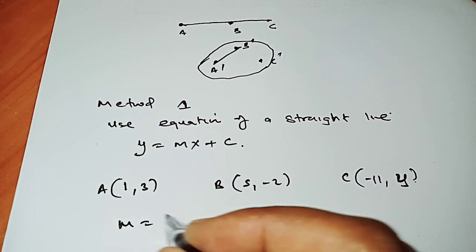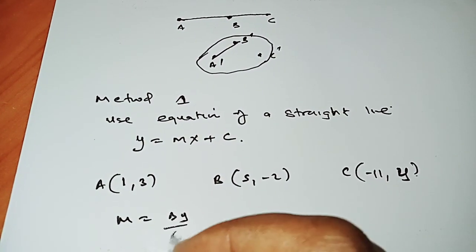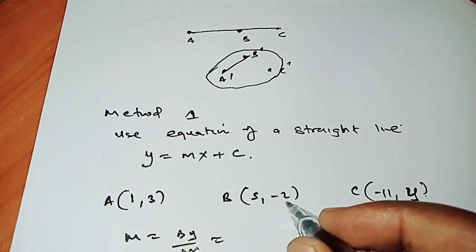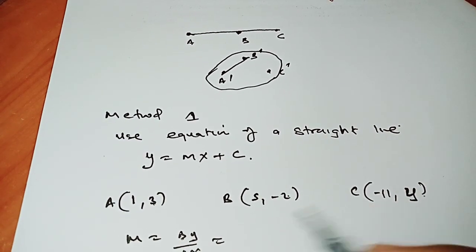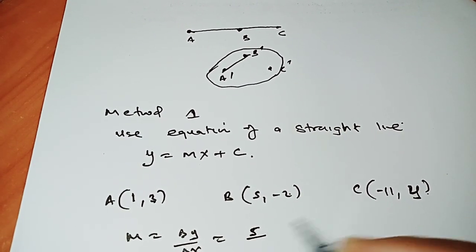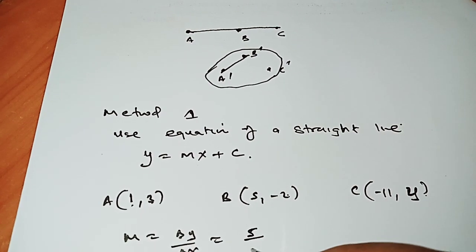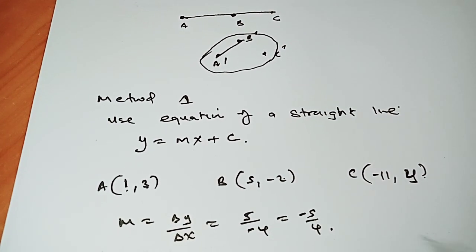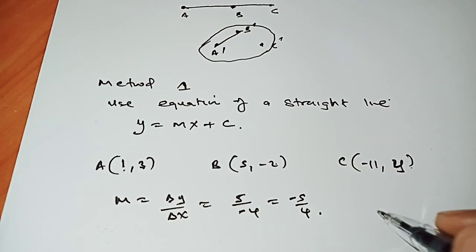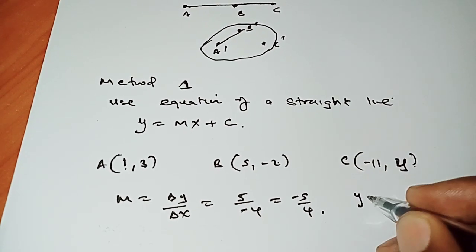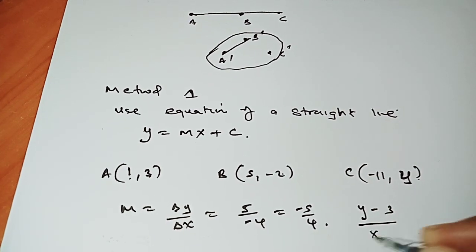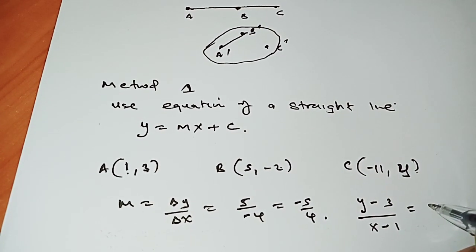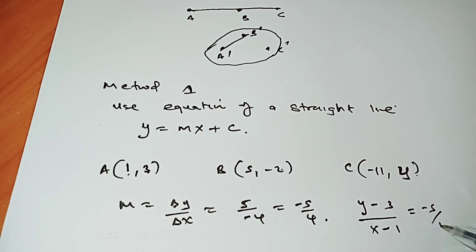So m is change in y over change in x, and we can get it from here. We take this minus that will give us a 5. Then 1 minus 5, you have -4, which is minus 5 over 4. Now that's the gradient. Now with the gradient we can get the equation. We say y minus 3 over x minus 1 is equals to the gradient, which is negative 5 over 4.